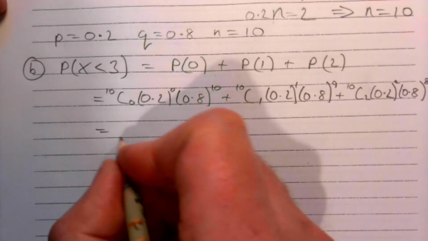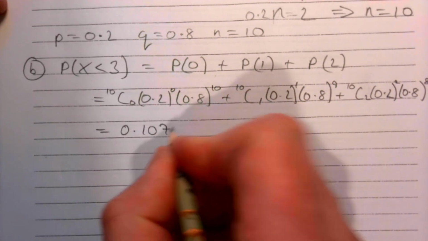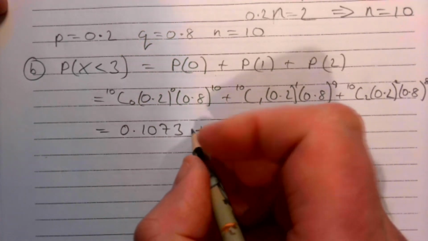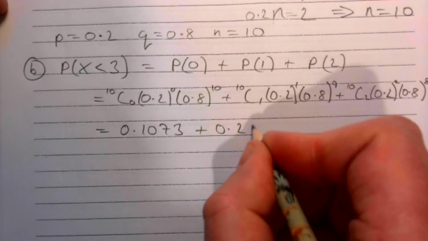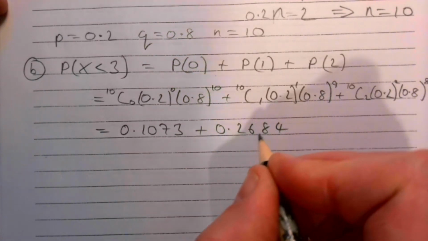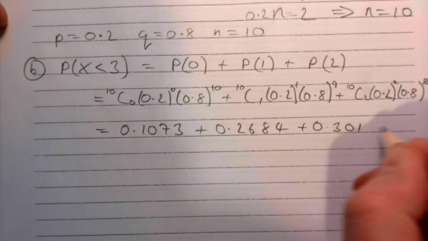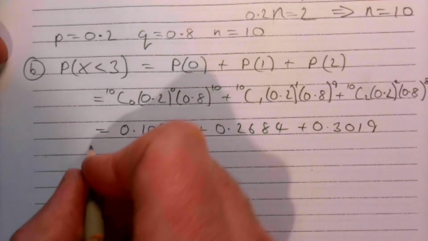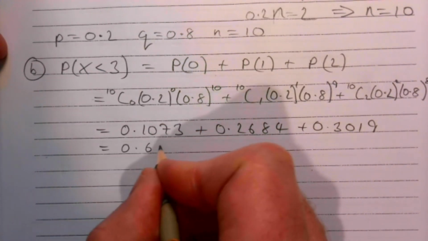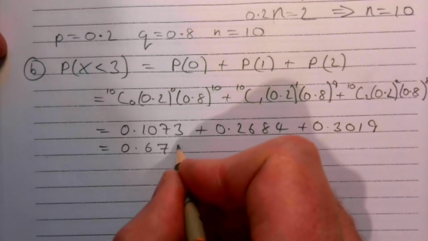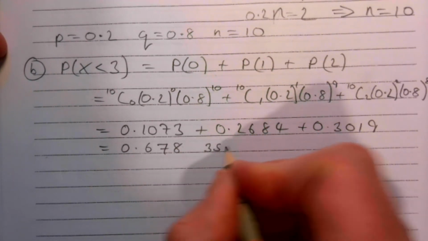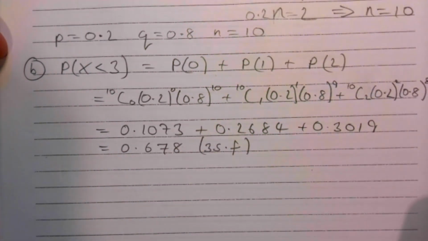On the calculator, 0.1073 plus 0.2684 plus 0.3019 gives us 0.678 to 3 significant figures.